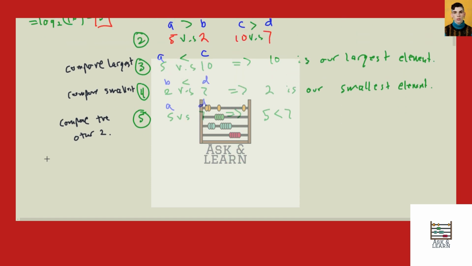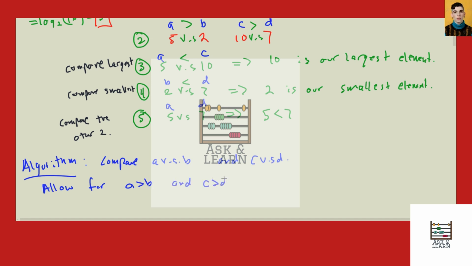All right, so that's the process we're going to follow. So let's go ahead and start with the algorithm. The first thing we're going to do is compare A versus B and C versus D. And now what we're going to do is allow for A to be larger than B and C to be larger than D. If not, just redefine the letters, or maybe I should say the elements, because these may be something else.